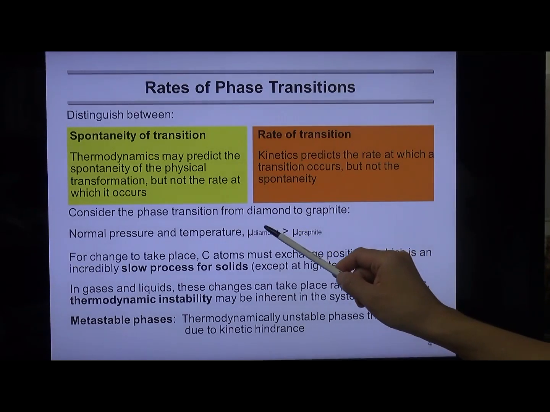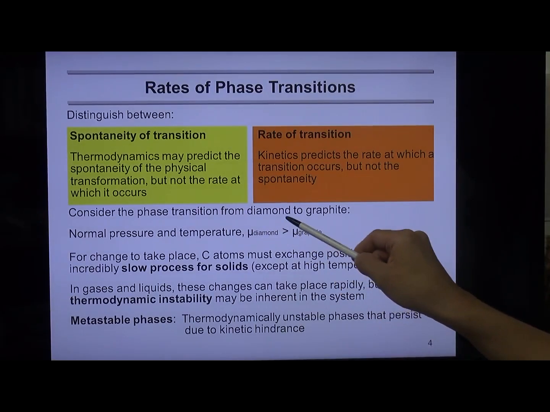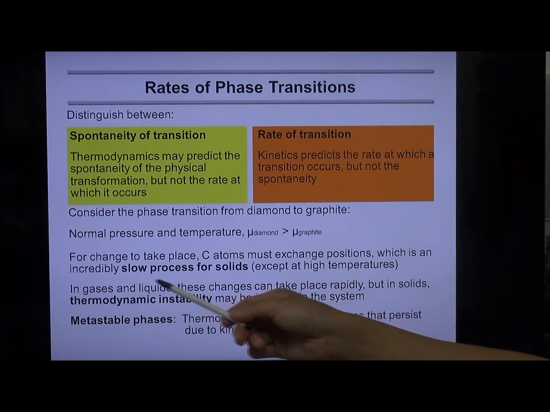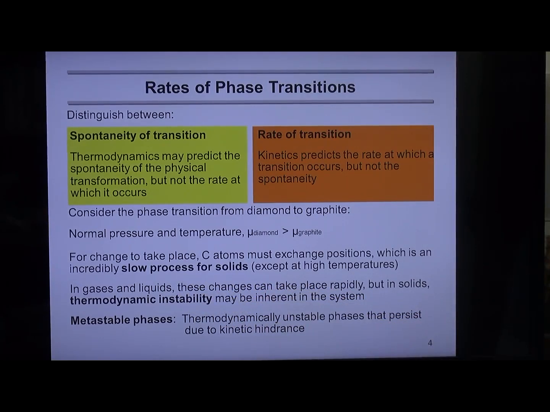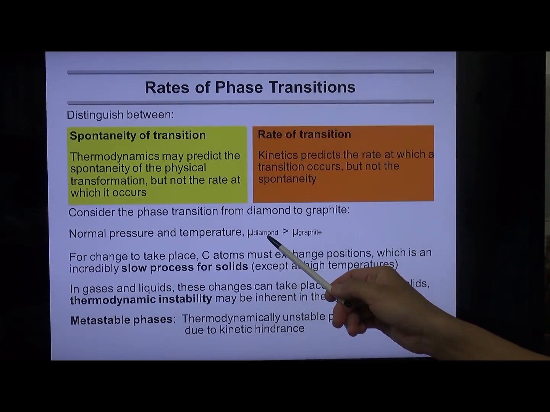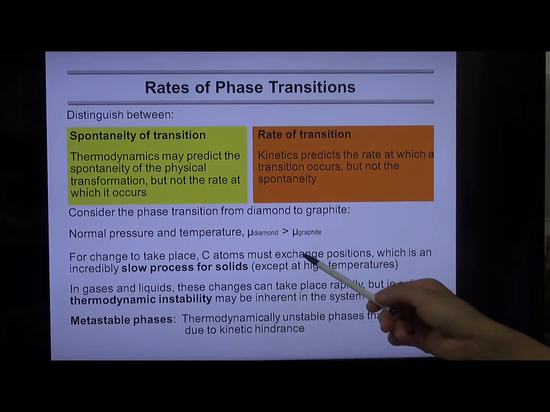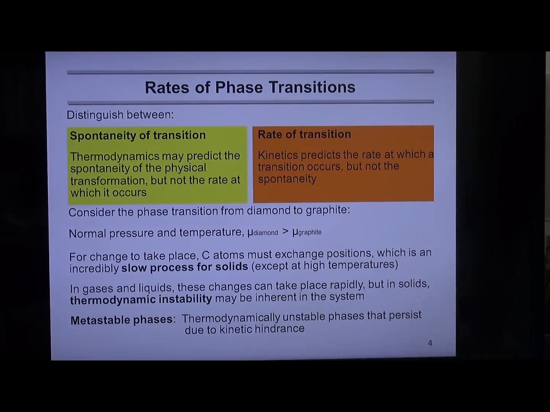So change from diamond to graphite to the right is a spontaneous process. But that process is very slow. It takes thousands, tens of thousands of years to spontaneously convert diamond to graphite, because it involves basically exchange of atomic positions.